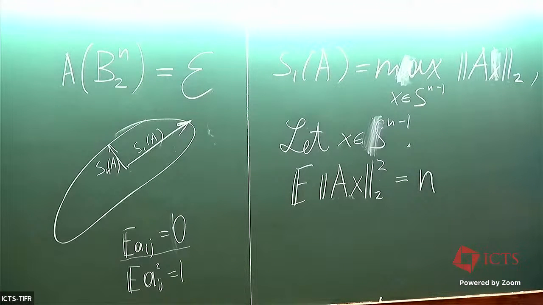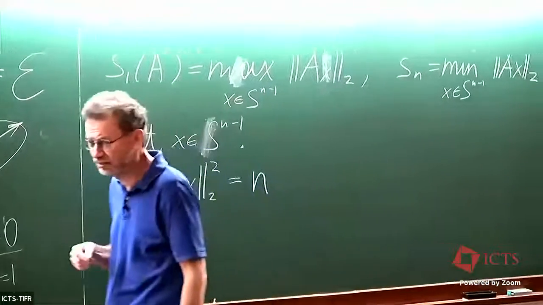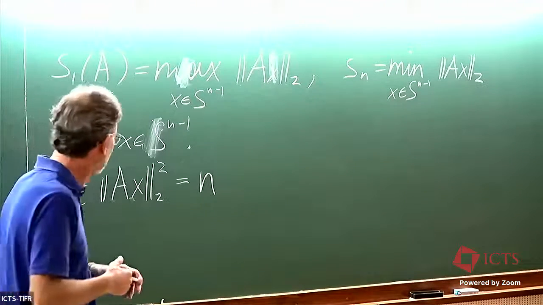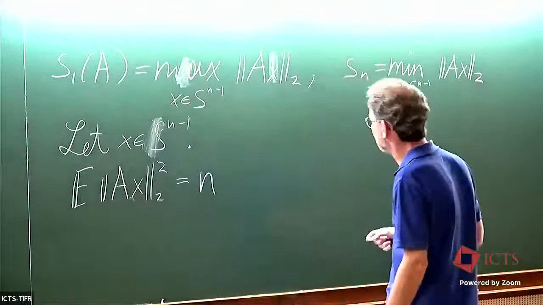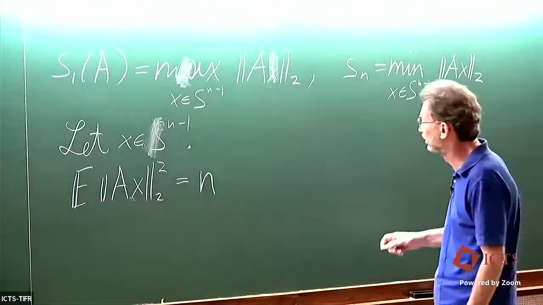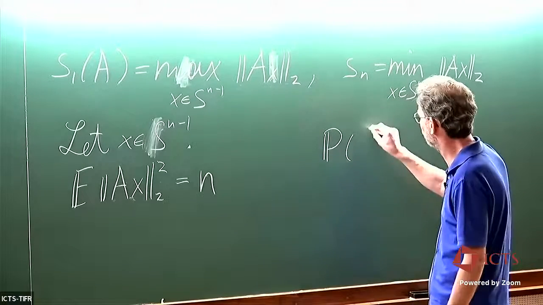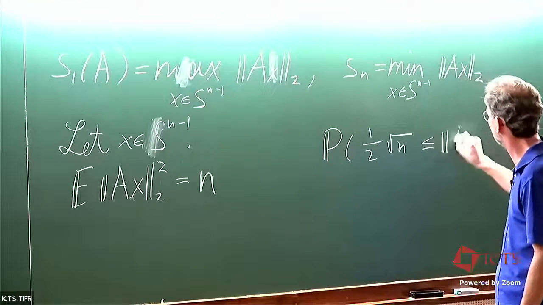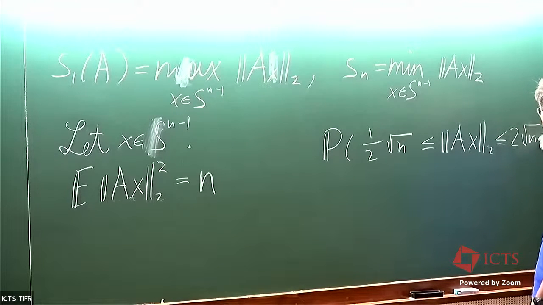Well, and if the matrix entries have light tails, for example, if they are bounded, then the random variable norm Ax is concentrated about square root of n, and we can conclude that the probability that, say, 1/2 square root of n is less or equal than the norm of Ax, less or equal than twice square root of n, is almost 1.